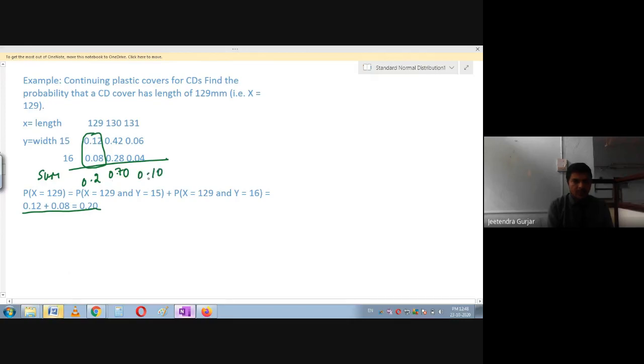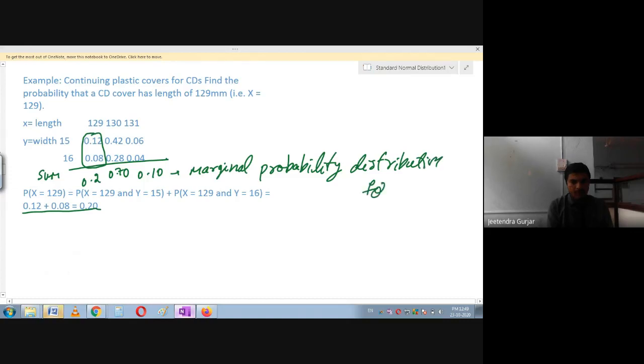So these three are the marginal probability distribution for X.